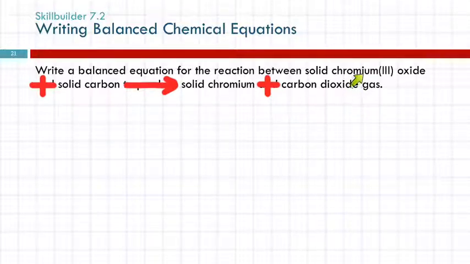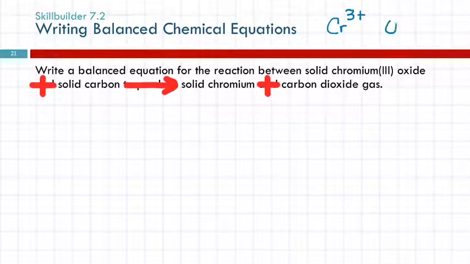So chromium(III) oxide. The Roman numerals should be the big tip-off that this is an ionic compound, that this has a metal. To write the formula for an ionic compound, you need the formula for the ions with their charges. So chromium(III), the 3 is the charge on chromium. It's not how many there are.